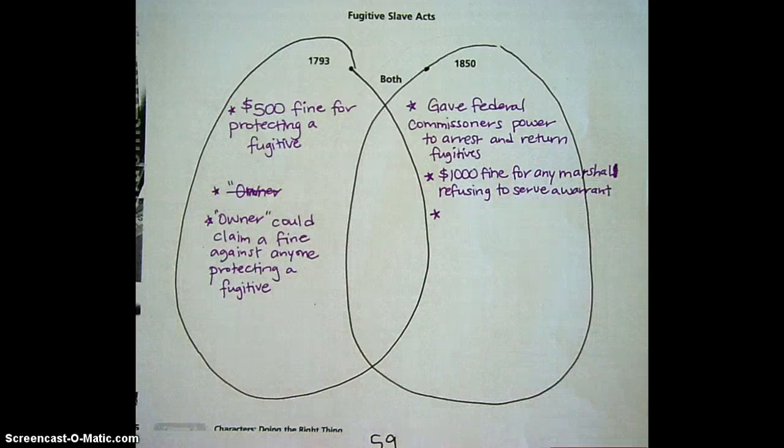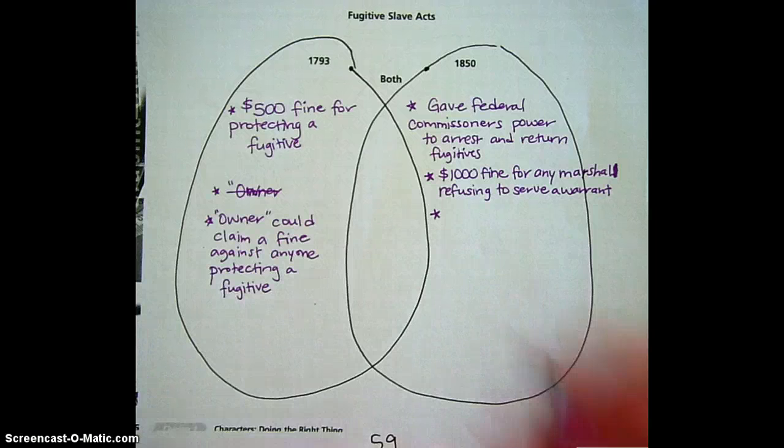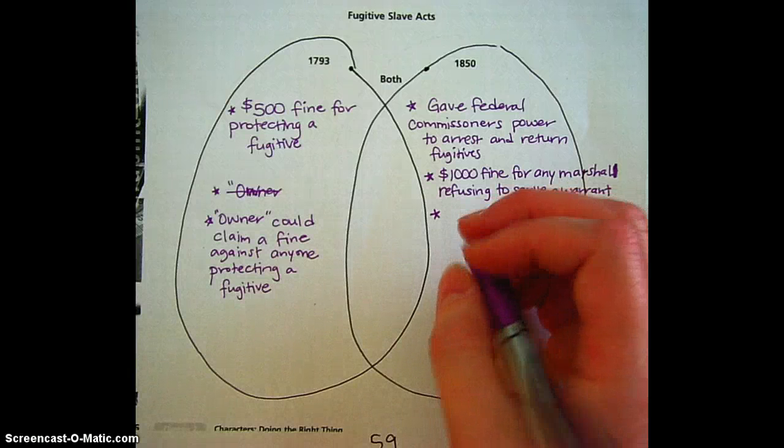Now you might say, oh, $1,000, $500, no big deal. But back then, this was a hefty price for people to pay. Today rent is $500, but back then, that's probably rent for a year. So it was a much bigger deal to pay this amount of money.